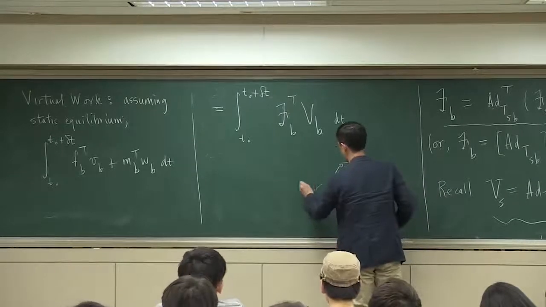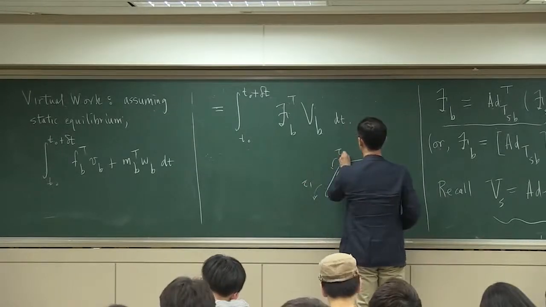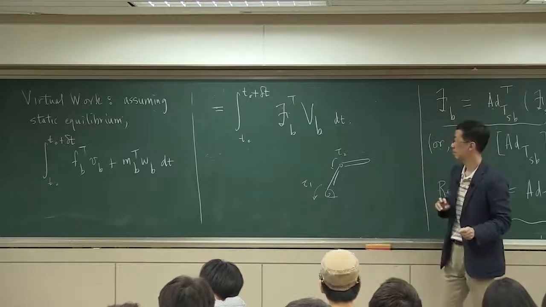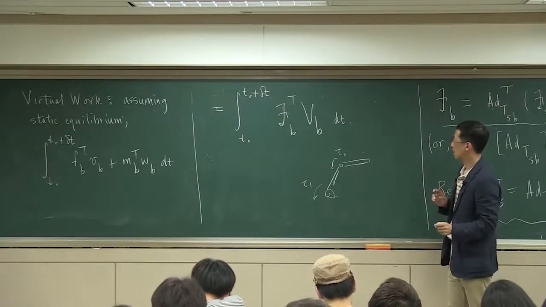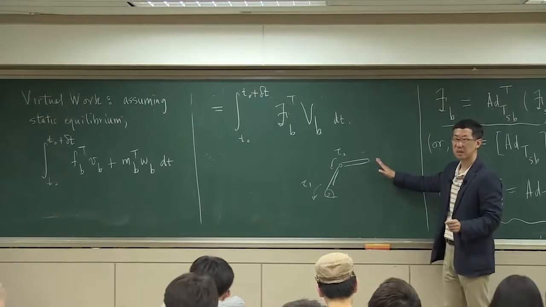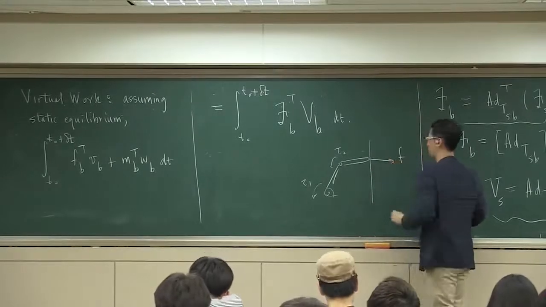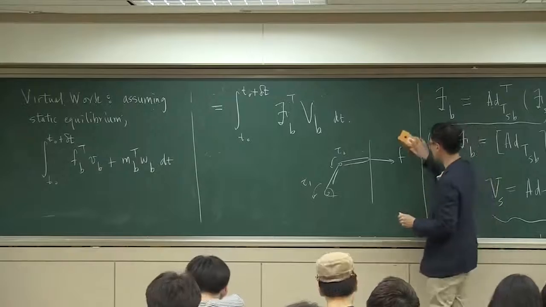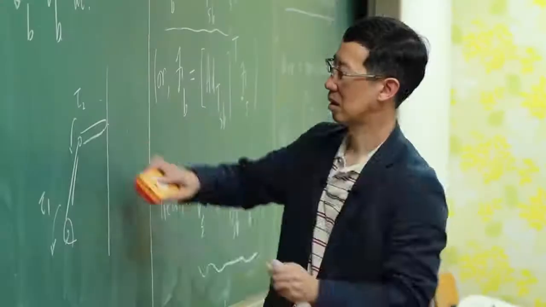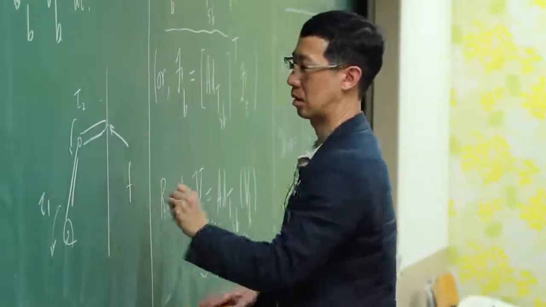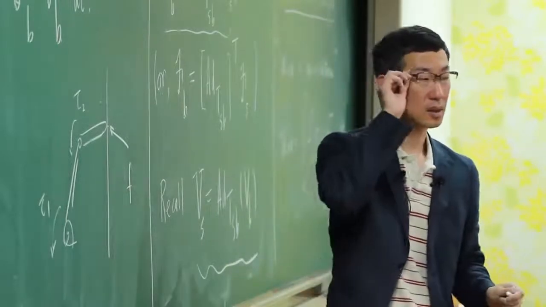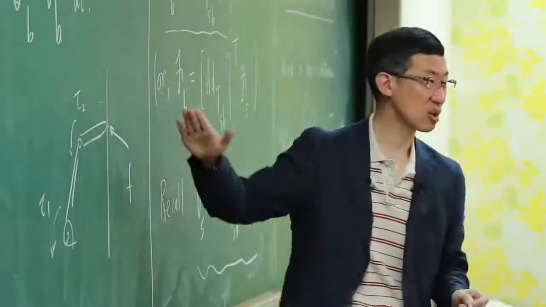And we have torques, tau 1, say tau 2, and we have forces being applied. Maybe we should draw the force in the other direction. It's the reaction force from the wall.